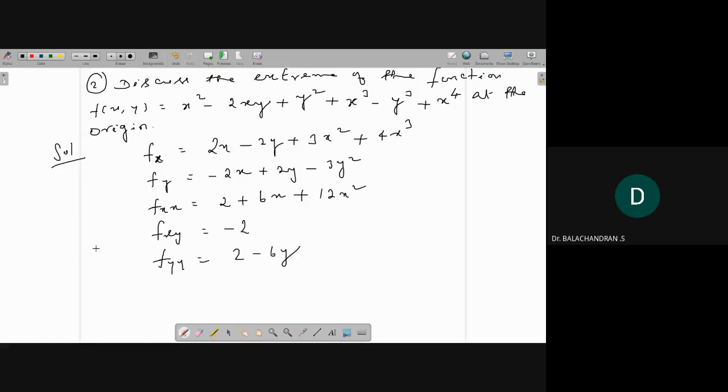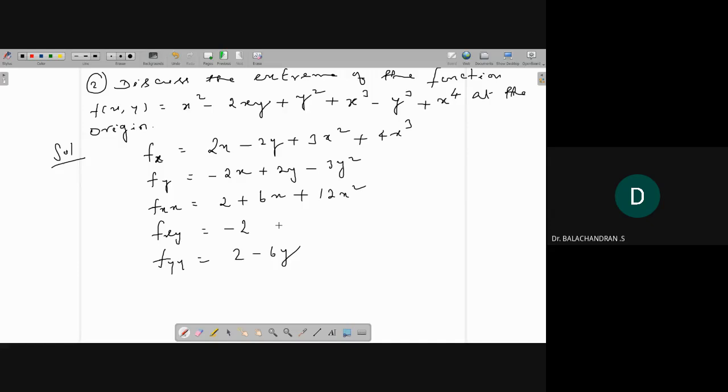Now, you should check that the origin (0, 0) satisfies fx and fy. If I substitute x = 0 and y = 0, it satisfies fx = 0, so 0, 0, 0, 0. Here also 0, 0, 0.